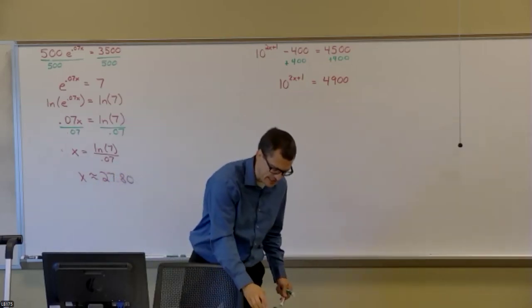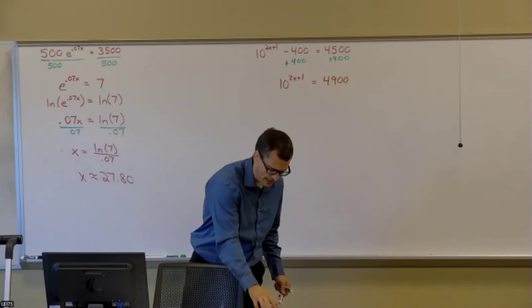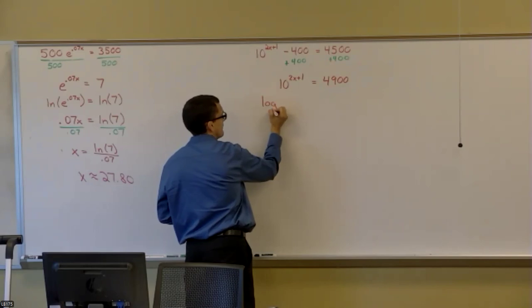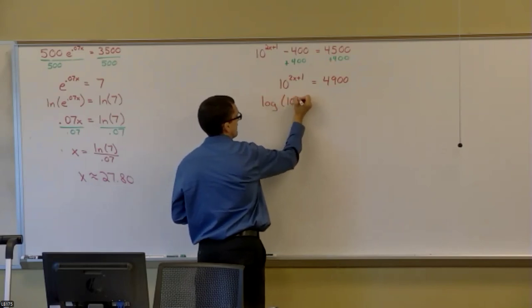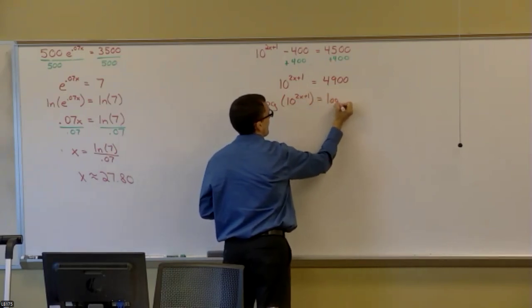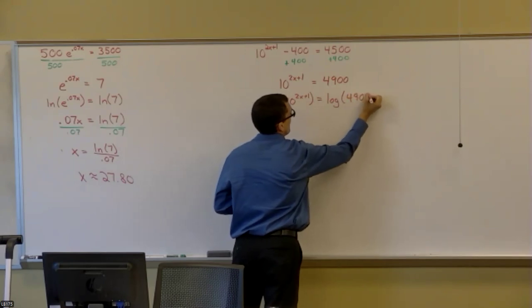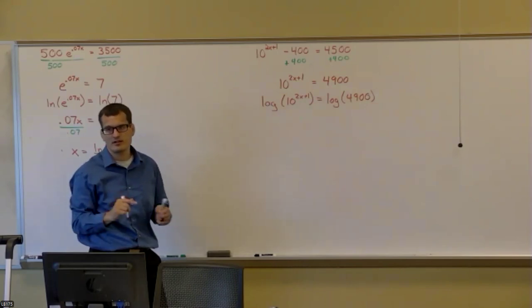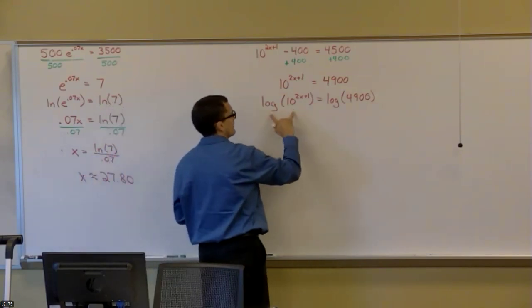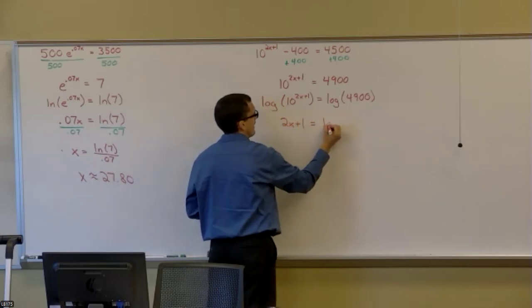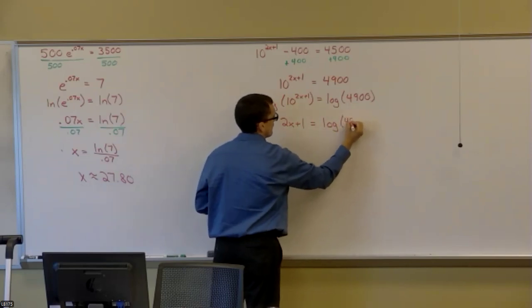Since I have base 10 here, what I would do is use log base 10 on both sides instead of using natural log on both sides. And log base 10, I think I mentioned earlier, is just log on your calculator. On the left-hand side, we get 2x plus 1. On the right-hand side, we have log base 10 of 4,900.